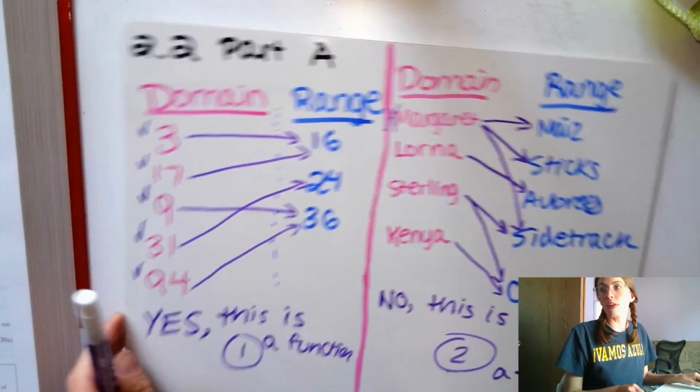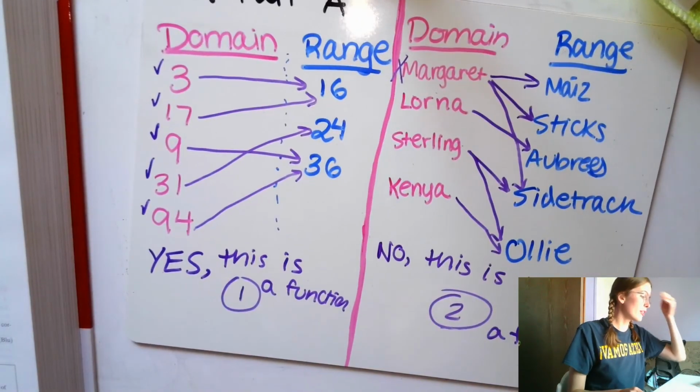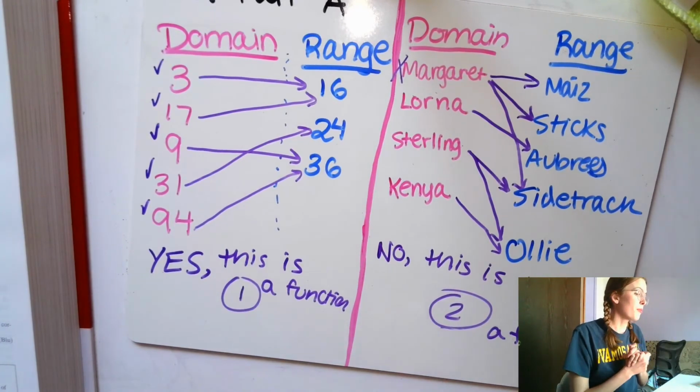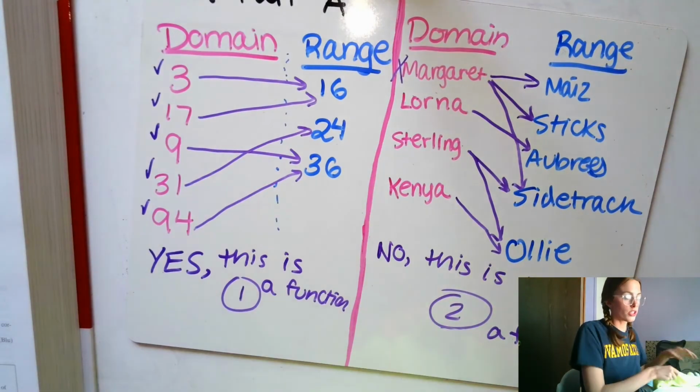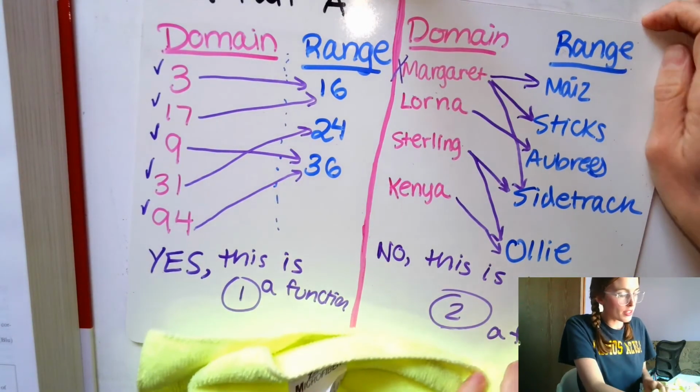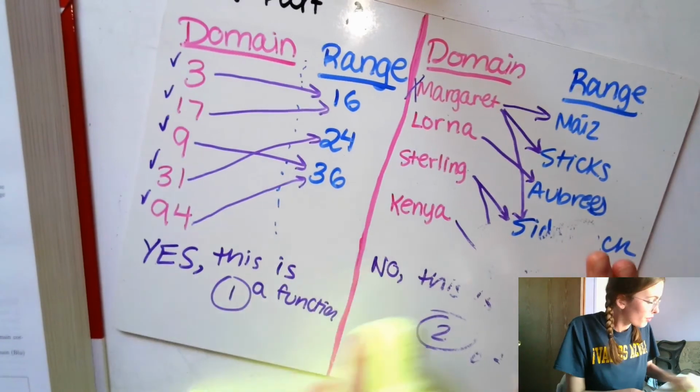So this takes a bit of getting used to. Make sure you memorize the definitions. Remember, the domain is the set of inputs, and the range is the set of outputs. One way I've seen this remembered is, I'll show you real quick.